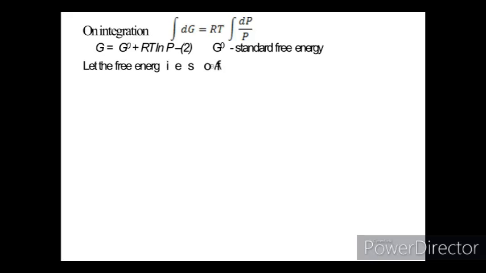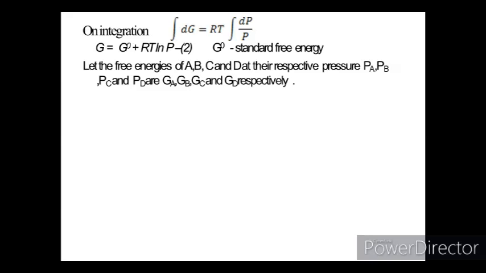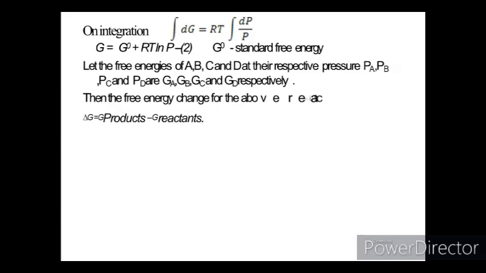This equation is applied to the reactant side individually, for A and B, as well as to the product side, C and D respectively, having the pressures PA, PB, PC, PD and the corresponding free energies GA, GB, GC, GD.